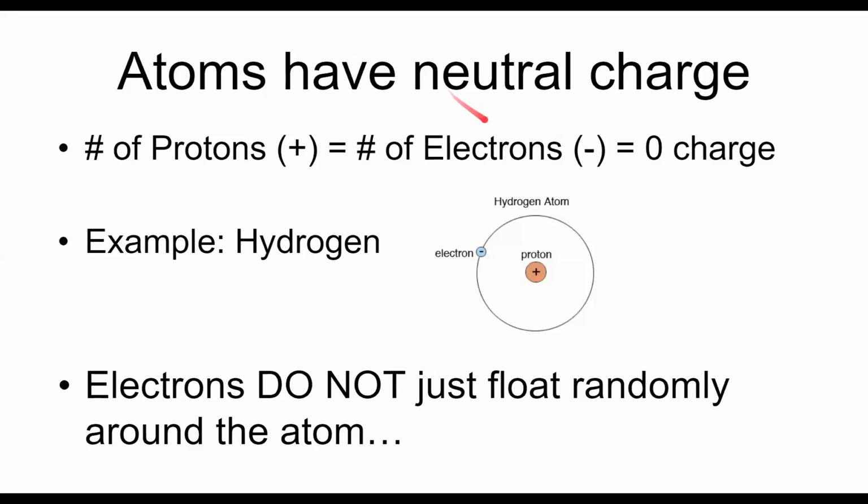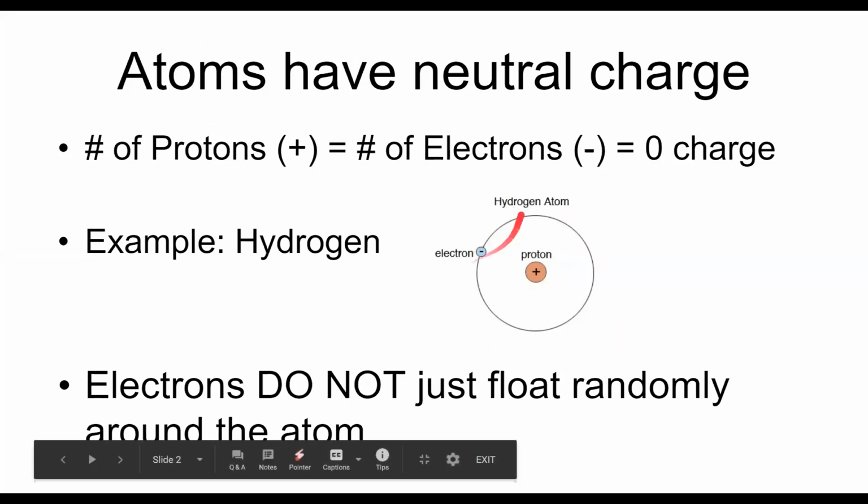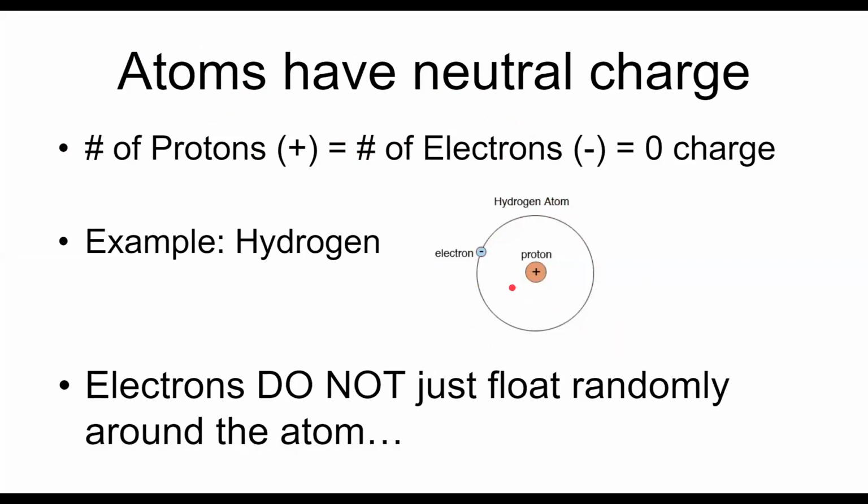If we have that many protons, then we have to have an equal number of electrons, so the positives and the negatives all balance each other out. In a super simple atom like hydrogen, hydrogen only has one proton, so it has one electron. The plus and the minus balance each other out.